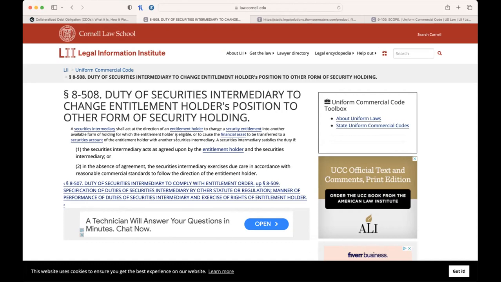A securities intermediary satisfies the duty if the securities intermediary acts as agreed upon by the entitlement holder and the securities intermediary, or in the absence of agreement, the securities intermediary exercises due care in accordance with reasonable commercial standards to follow the direction of the entitlement holder, which is you.